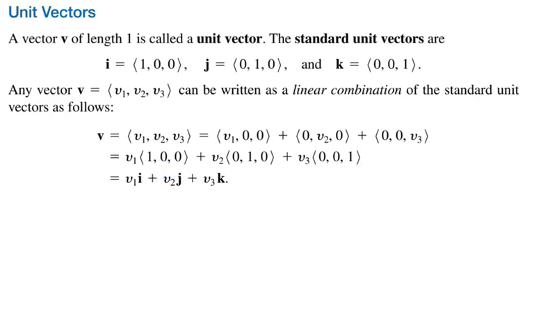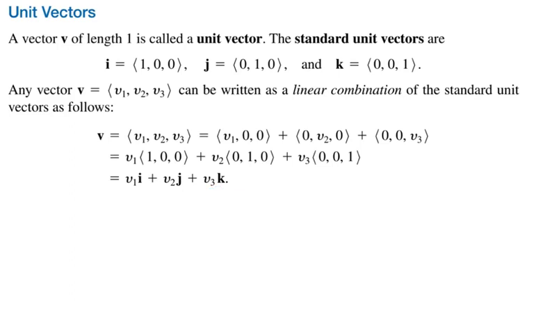And so since these 3 component vectors represent the standard unit vectors, I've got v1 times i, my x component, v2 times j, my y component, and v3 times k, my z component.